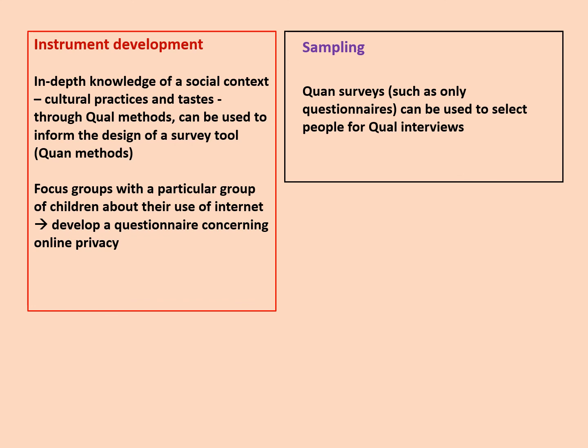So again, the use of the qualitative method, in the example the focus group, will serve to develop the quantitative instrument, the survey. And lastly, sampling. Quantitative surveys, for instance questionnaires, can be used in order to select a group of people among a large population with whom we want to conduct qualitative interviews.